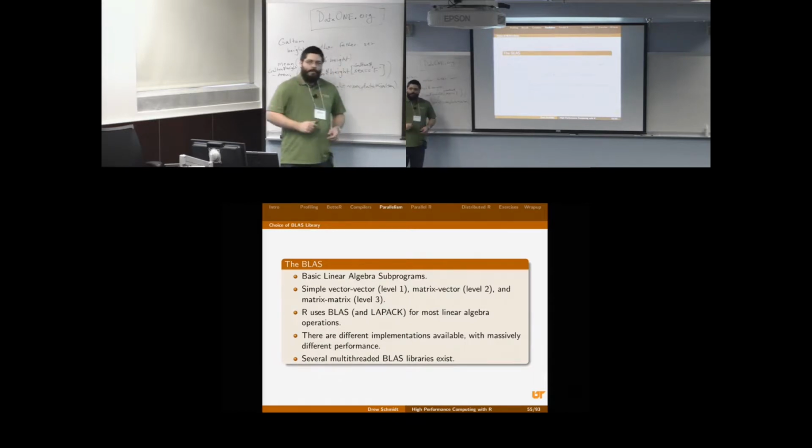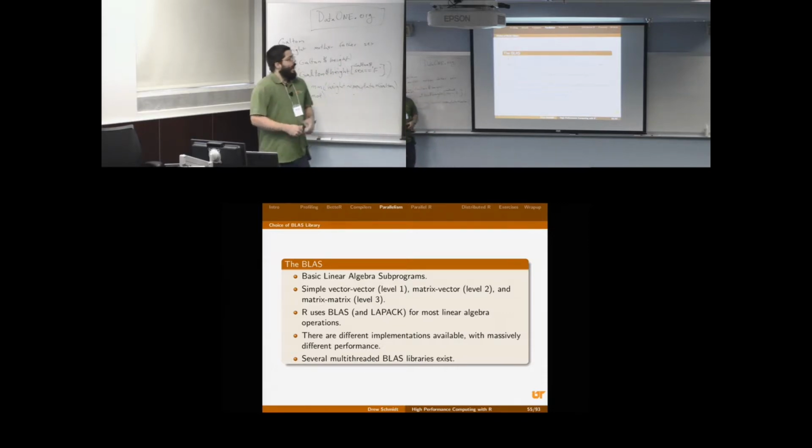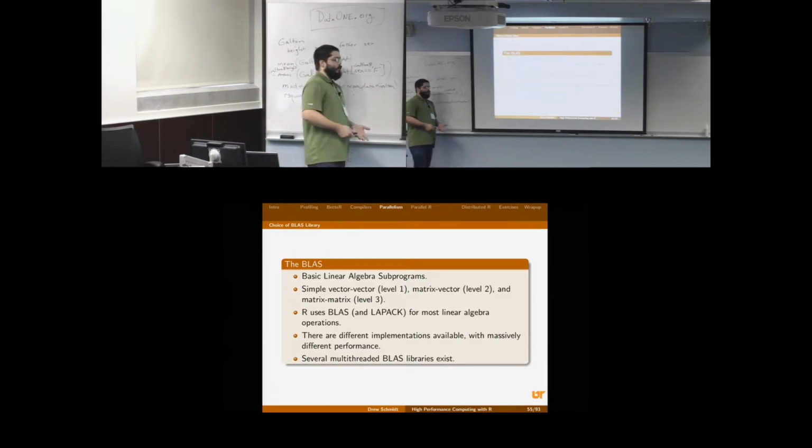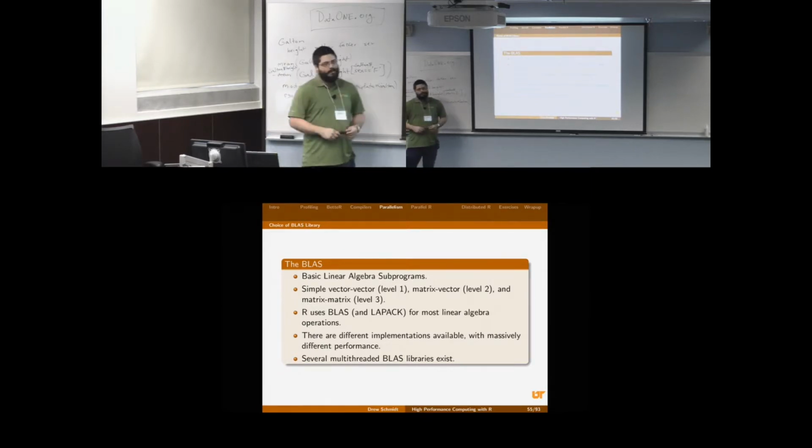I want to talk just for a moment about the BLAS. BLAS is basic linear algebra subprograms, the core simple linear algebra arithmetic operations: vector, vector, matrix, vector, and matrix, matrix operations. R uses BLAS and its extension LAPACK for most linear algebra operations, not all, if you could believe it.